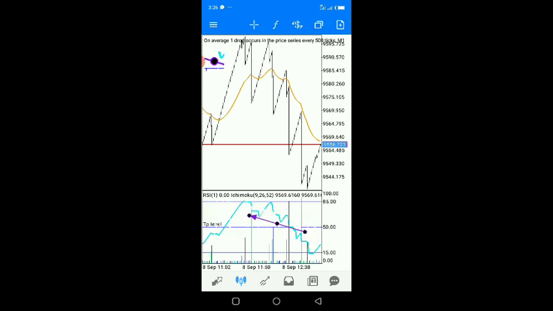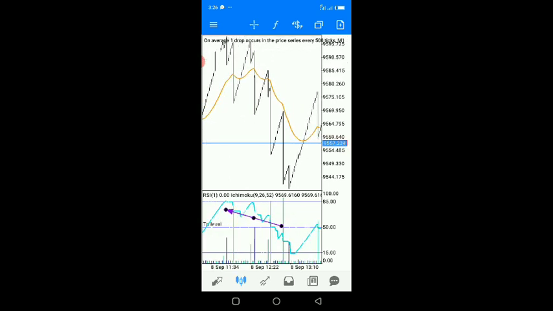Now when we see this happening, we can go in for a sell, and if we had gone in for a sell at this level here, we would have actually been in profit. So once the Ichimoku touched the 85 RSI level and the market facilitation index is just above the 50 RSI level, we can go in for a sell.